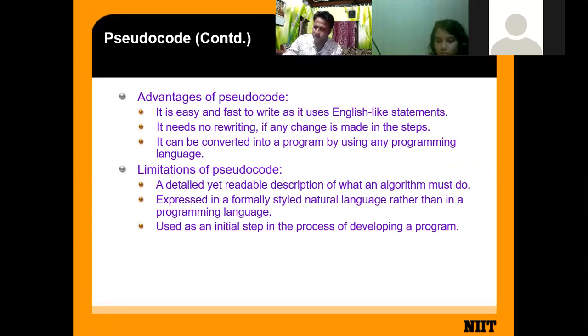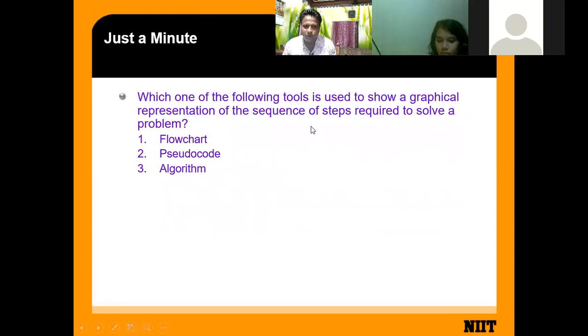Okay, so next, there is a question for you. Which one of the following tools is used to show the graphical representation of the sequence of steps required to solve a problem? Subhalakshmi?